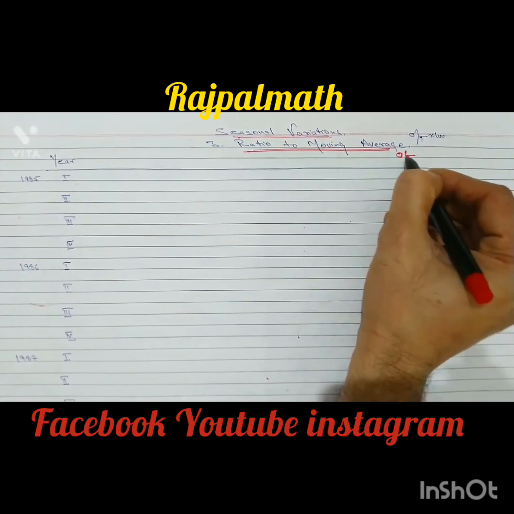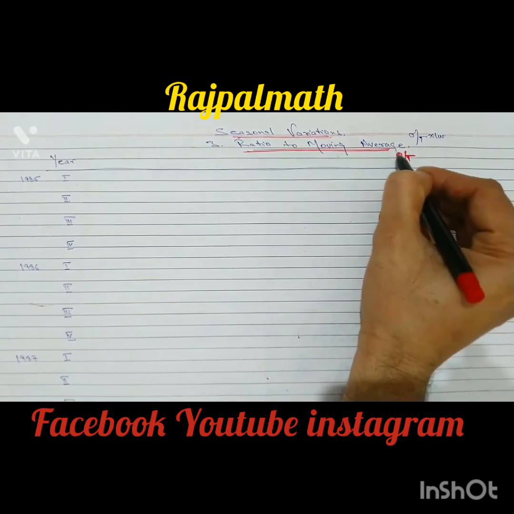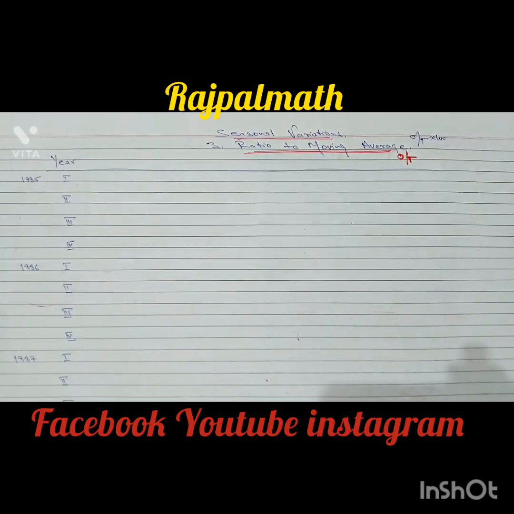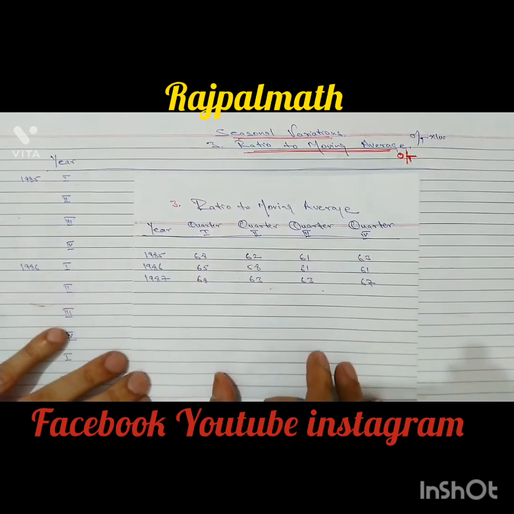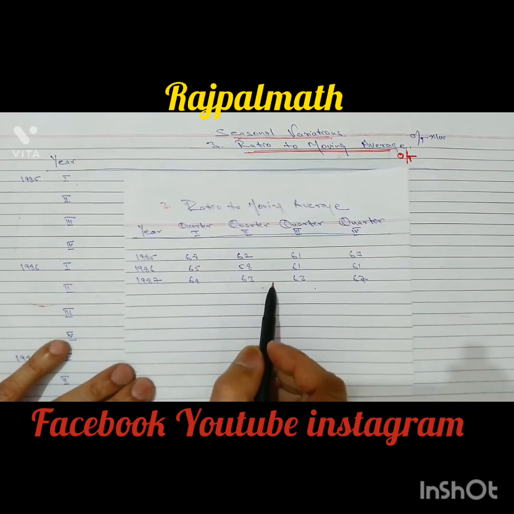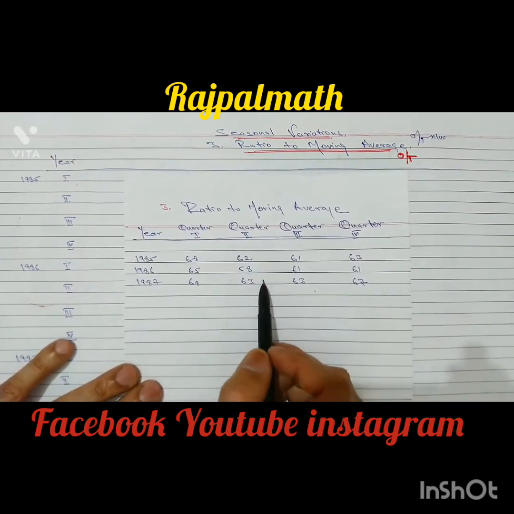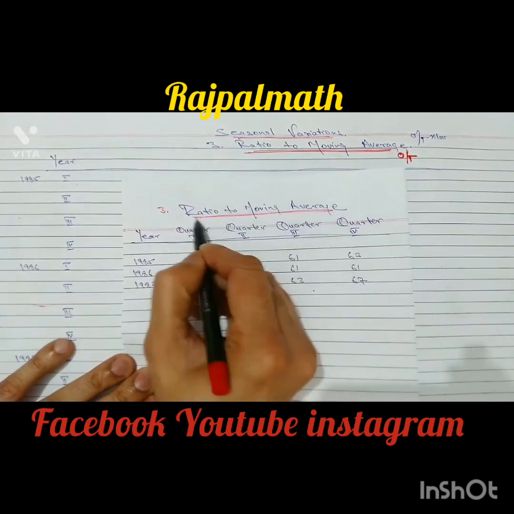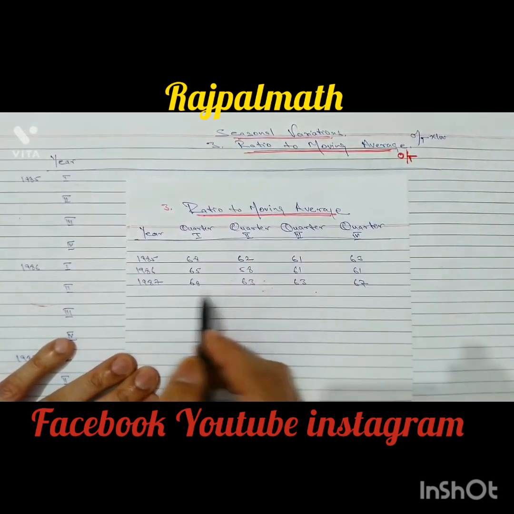In the last question it was the O minus T table; here it is the O divided by T table. Question: from the following data, calculate seasonal indices by ratio to moving average.